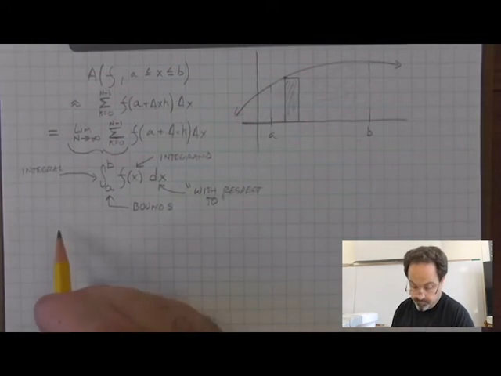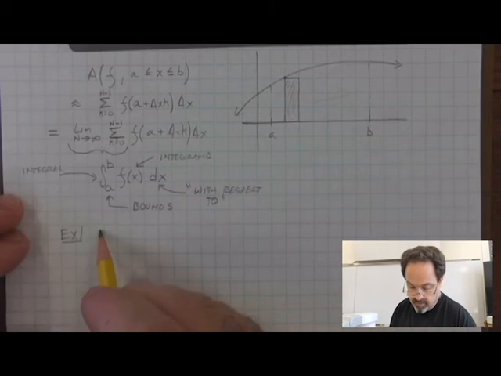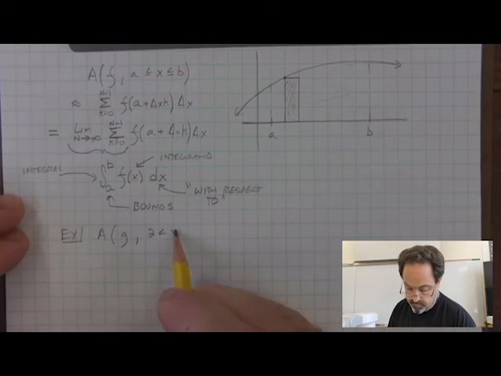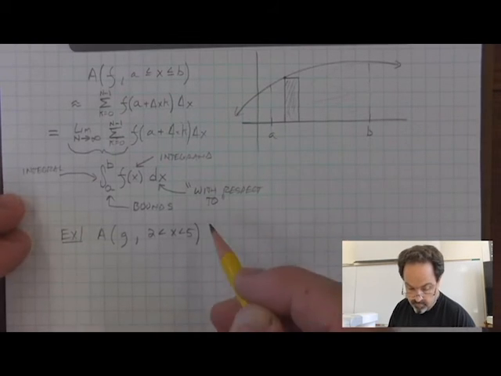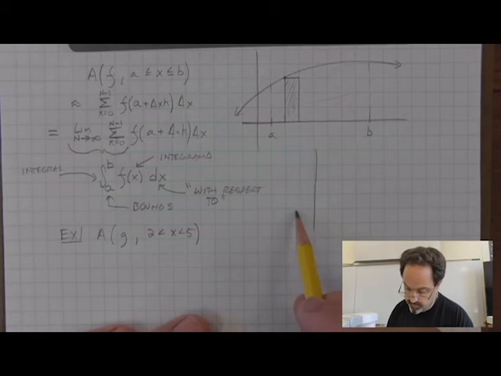For example, if I was asked now, what is the area under a function like g from 2 to 5, and we'll provide the g function and its graph here.